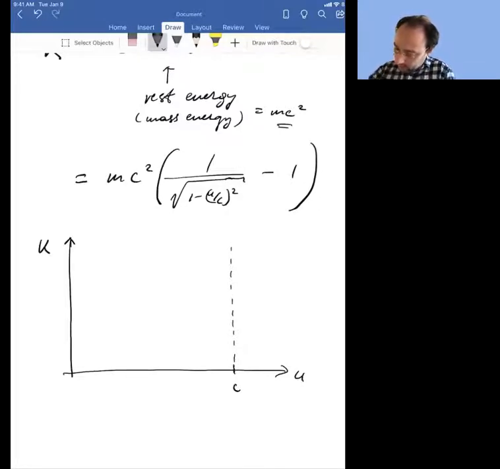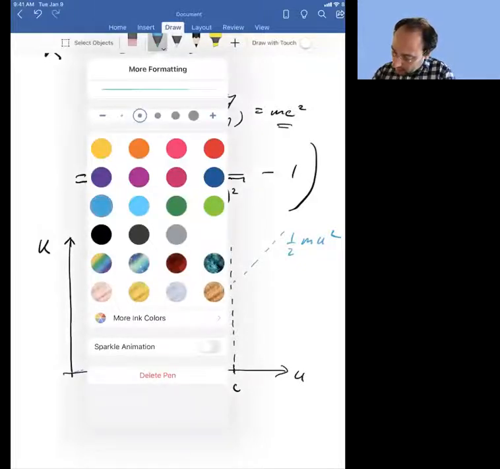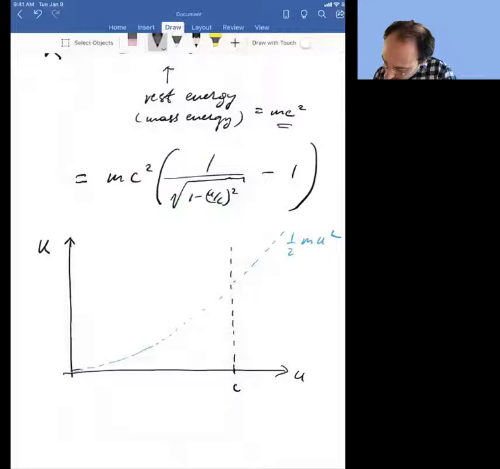So let me do the following. At small u, it follows a parabola, and here's your 1/2 mu squared parabola. And so the actual expression follows this parabola and then falls off the parabola and it diverges.